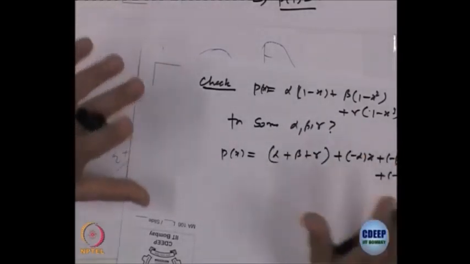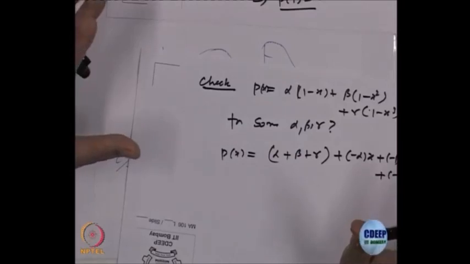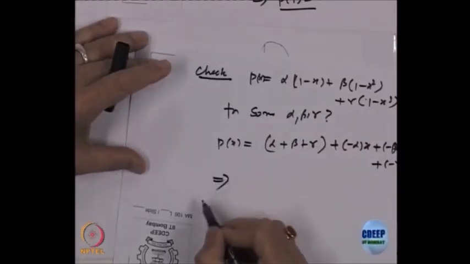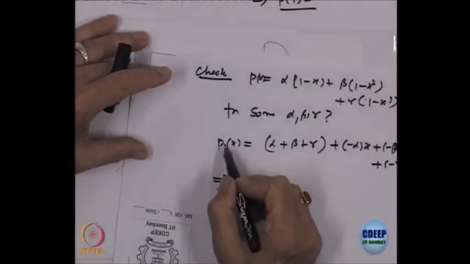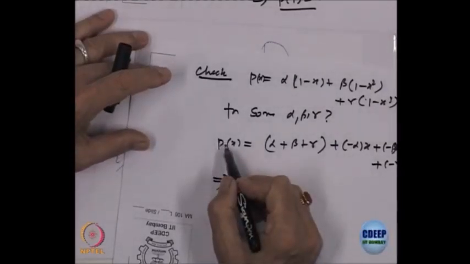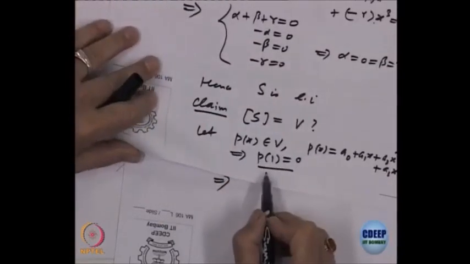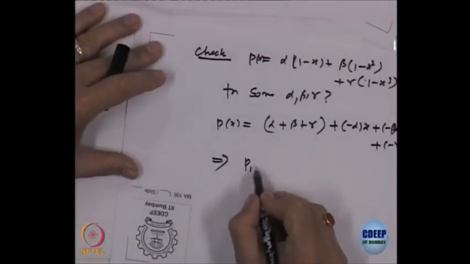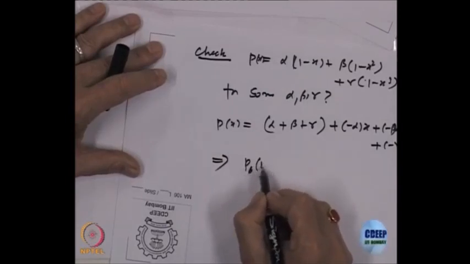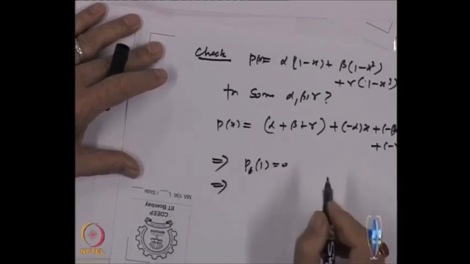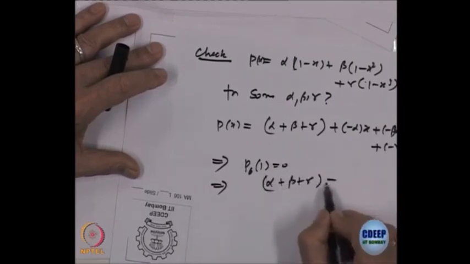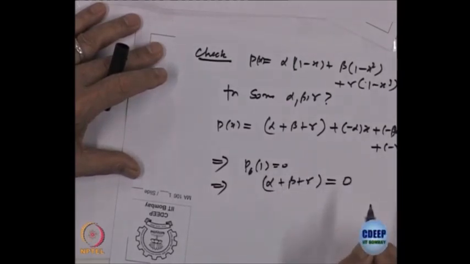If I have to find alpha, beta, gamma, I do not know what they are yet, but if this is so, this must be equal to this. So, that means what? Now, what is the property of P given to me? P was in V. So, P(1) is 0. What does that imply? Alpha plus beta plus gamma is equal to 0.